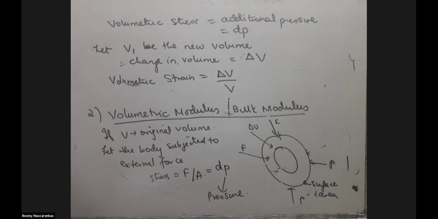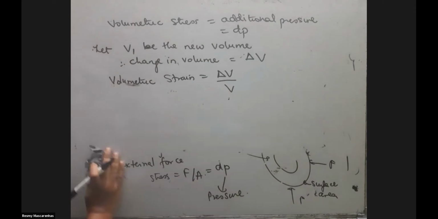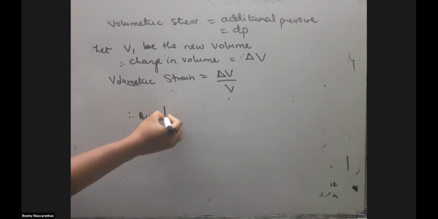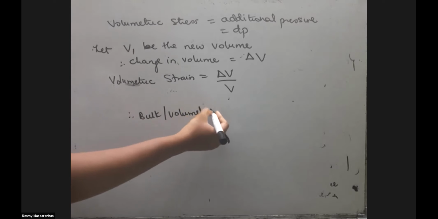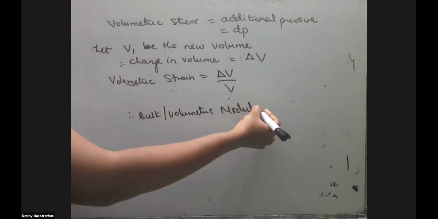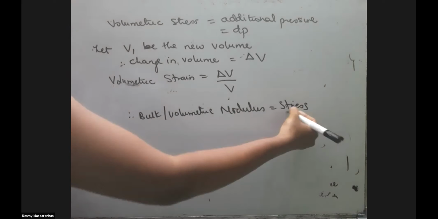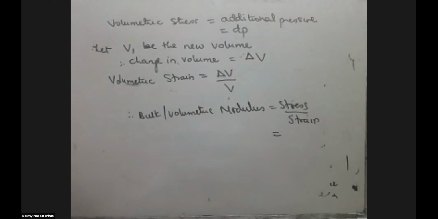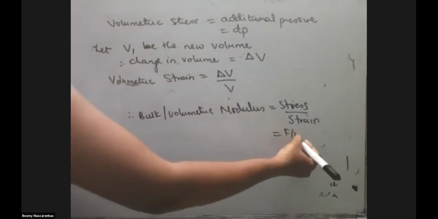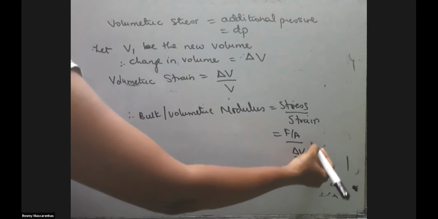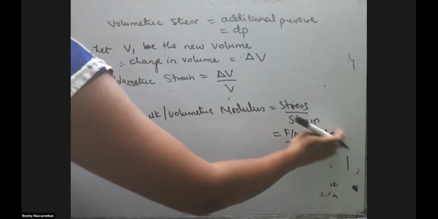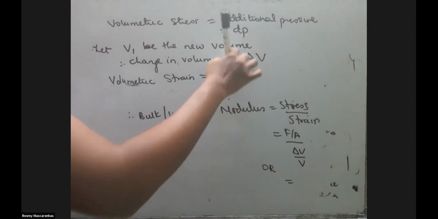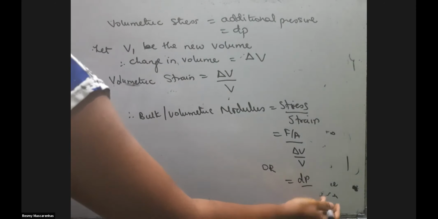We will write the formula for bulk modulus. The modulus formula is nothing but stress upon strain. Two ways you can write: one is force upon area, or force upon area we have used as dP, additional pressure.